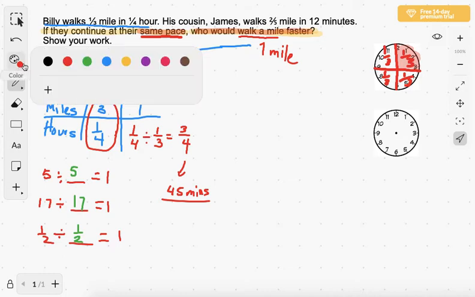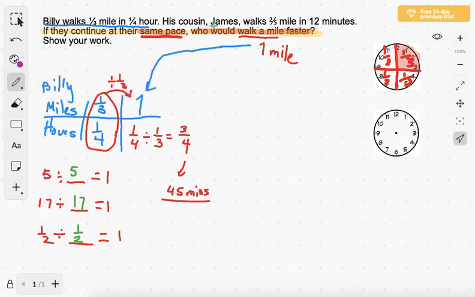Now we're going to work with James. James walks 2/5 of a mile in 12 minutes. So let's write James over here. Same thing, we're going to have miles and hours as our ratio.